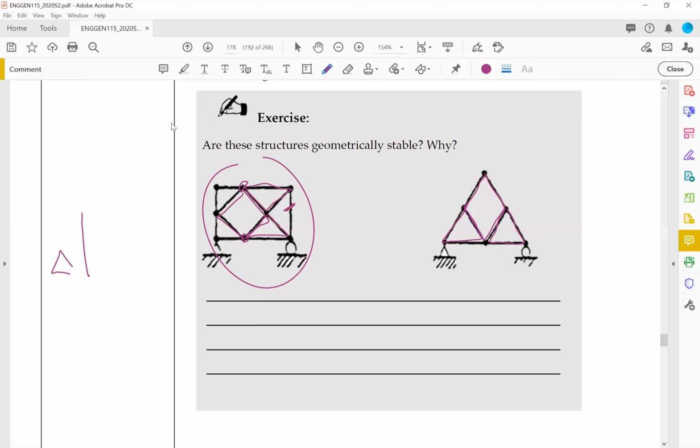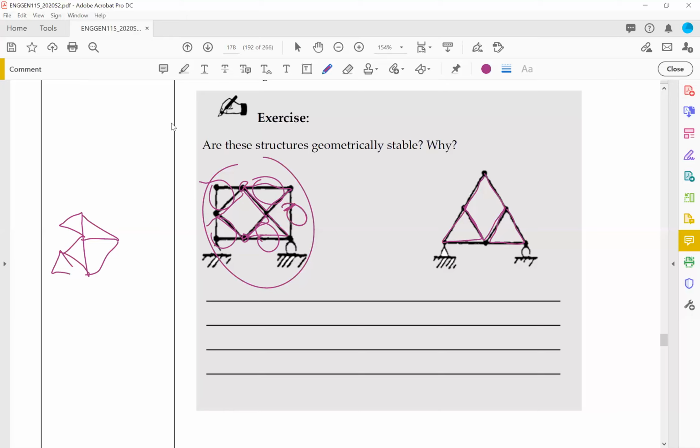And then these are those two triangles. And then these are the other triangles. Those are those two triangles, right?